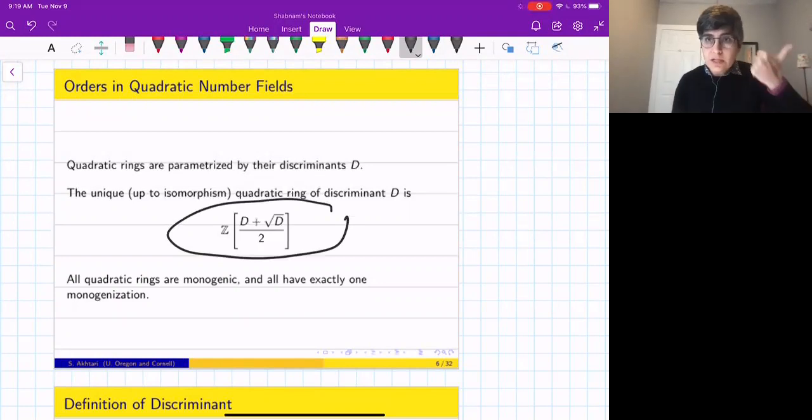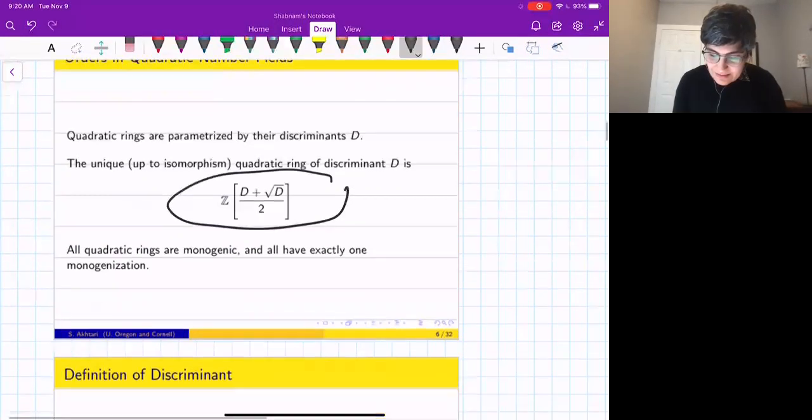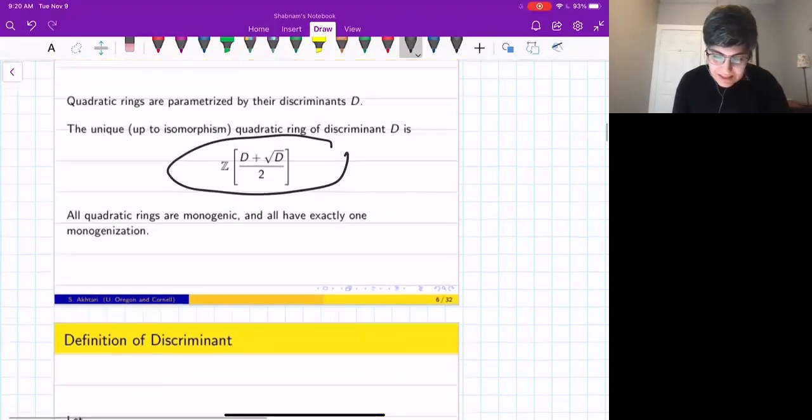Everything is parameterized by one integer, and every other ring that you could write with the same discriminant is going to be equal to this. Or if you are leaving the number field case, your ring would be isomorphic to this ring.